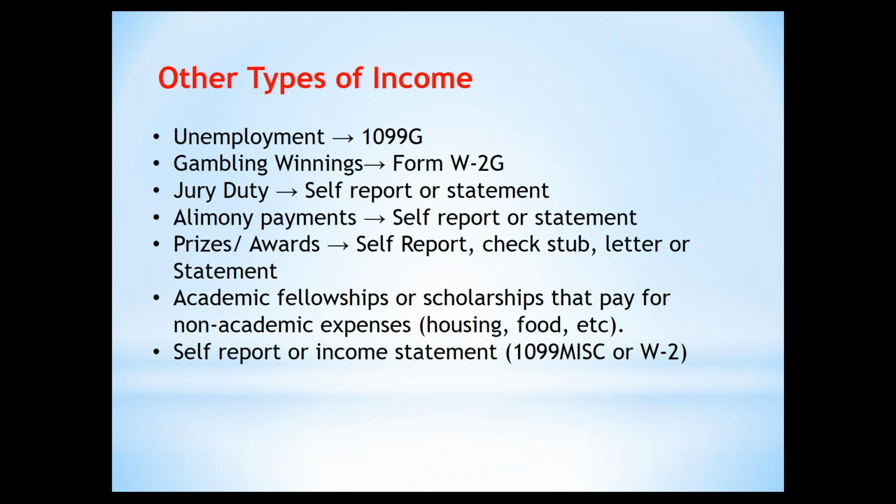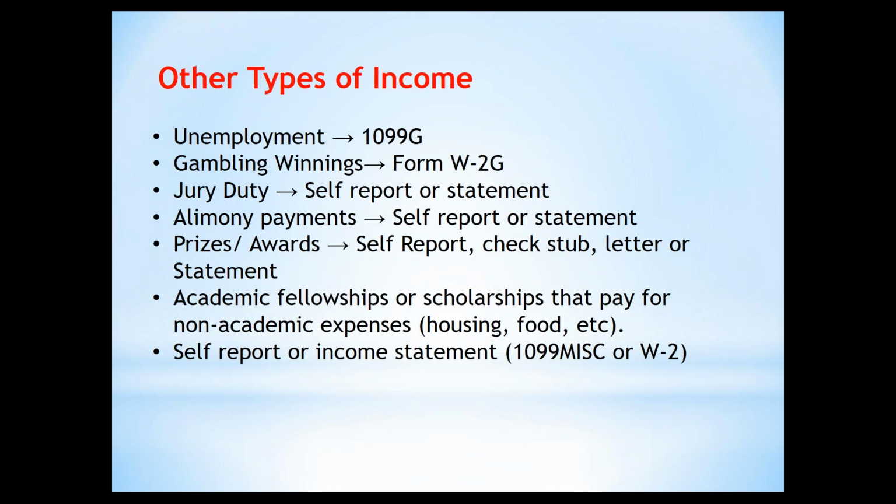I've gone through the biggest sources of income that we typically see. These are some other sources of income that we'll go through briefly. There's unemployment, there's gambling winnings. Every now and then we see somebody with jury duty earnings. There's also alimony payments that are taxable, prizes and awards.